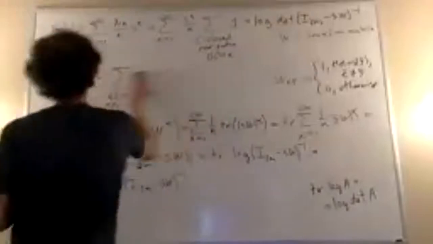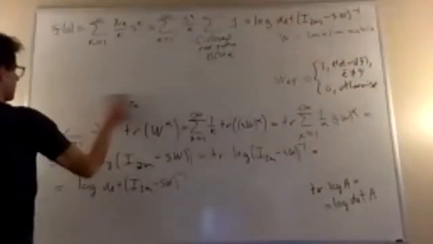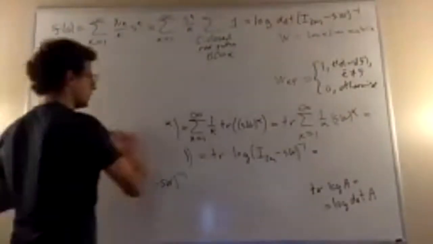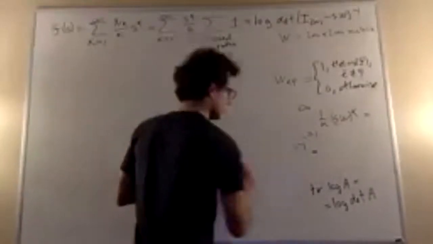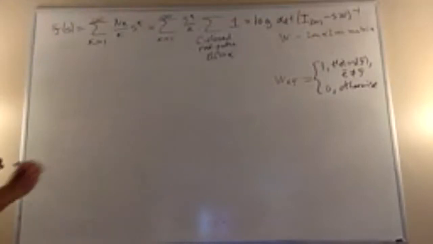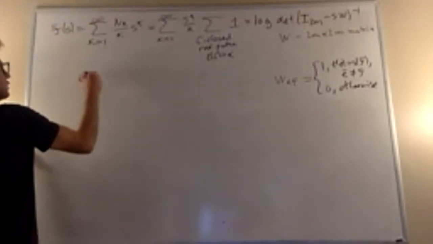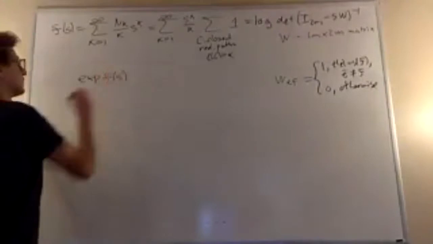So what is my conclusion? My conclusion is that the function f that I was studying is maybe not the right function. Instead, I should study the function exp f of s. Okay?